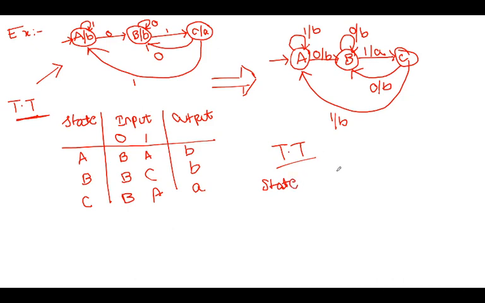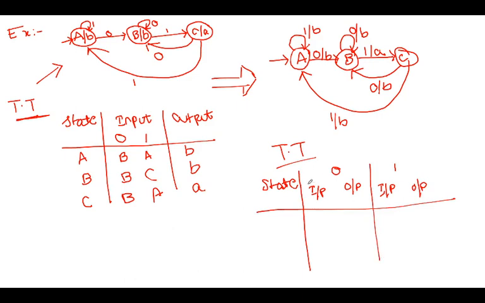Here is the state, and the input part has 0 and 1. For each input there is a next state and an output. It is a tabular column for the Mealy machine. We have to write it like this.